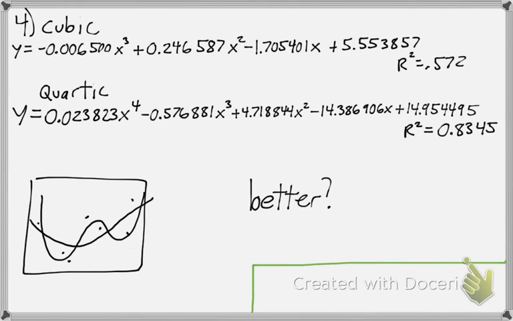Number 4, they want us to calculate a cubic and a quartic regression and then figure out which one is better. So as you can see, I've already calculated the cubic and the quartic and graphed them both. And definitely the quartic is better.